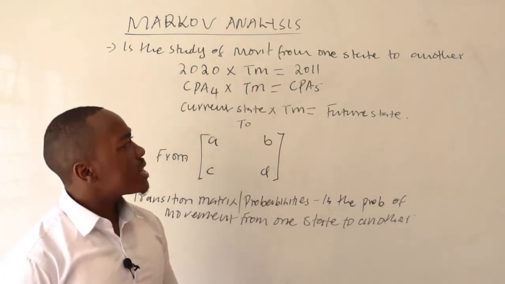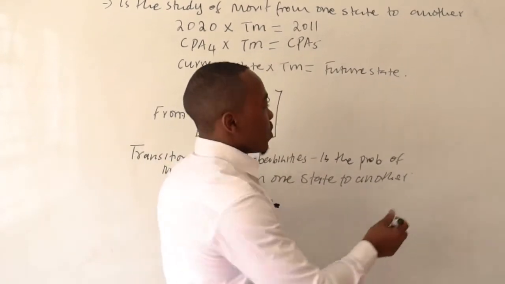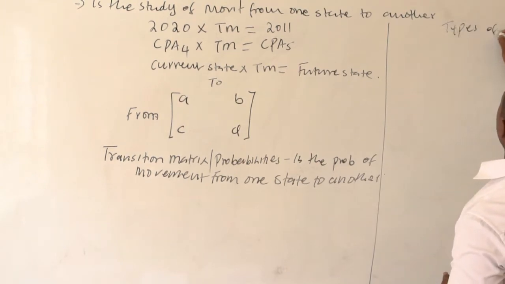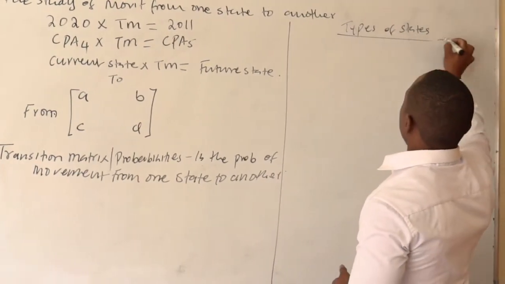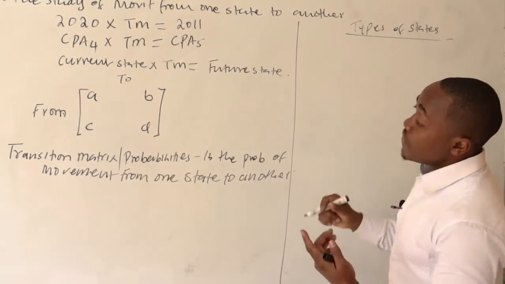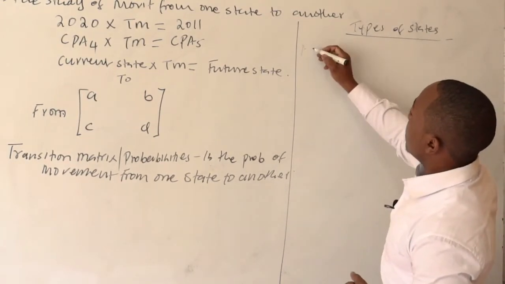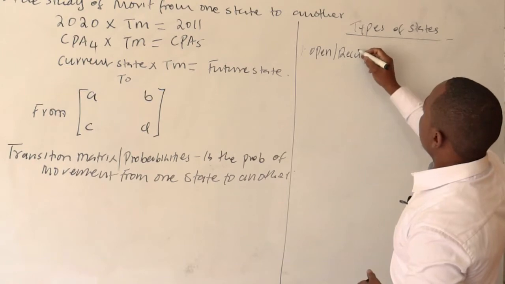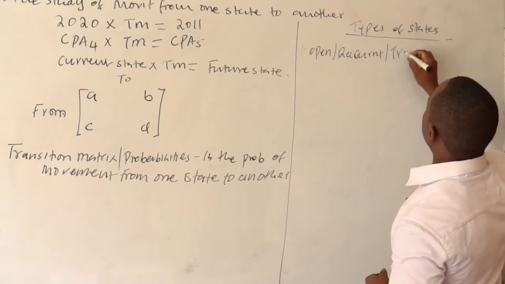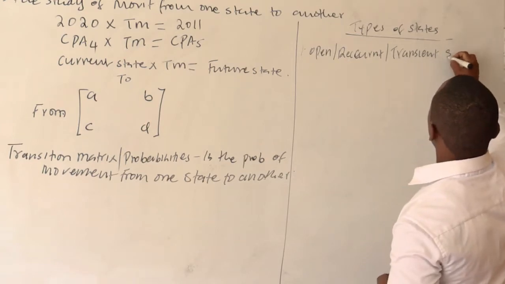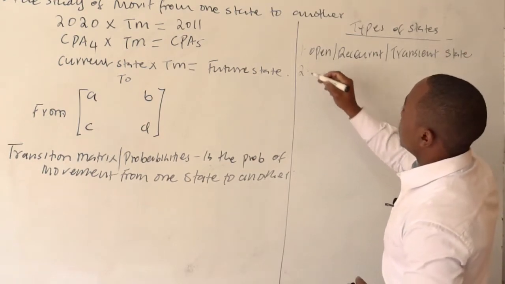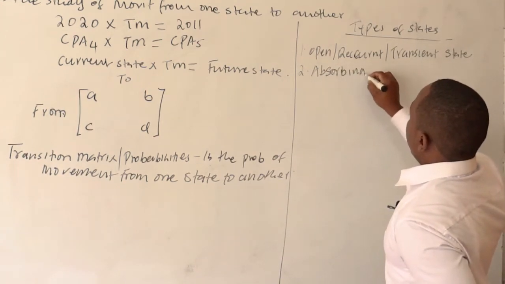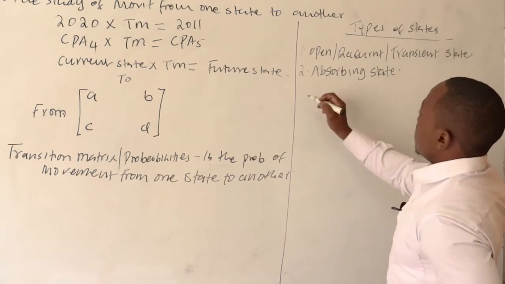Now, when I talk about those states, what are the states we have in Markov analysis? So let's look at the types of states. What are the types of states we have? So we have 4 states. One is what we call open or recurrent or transient state. Then number 2, we have what we call absorbing state.